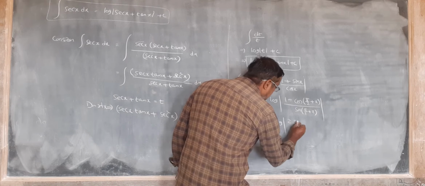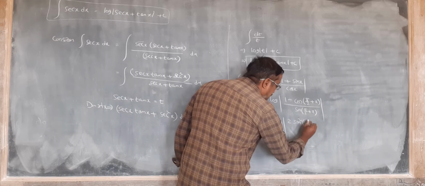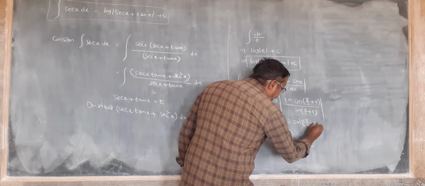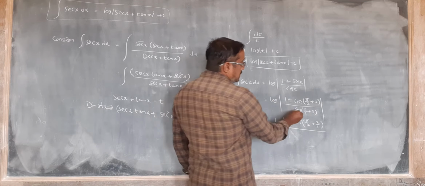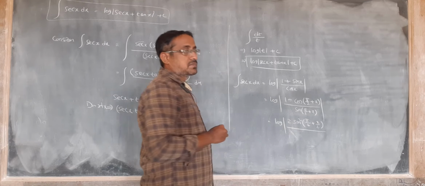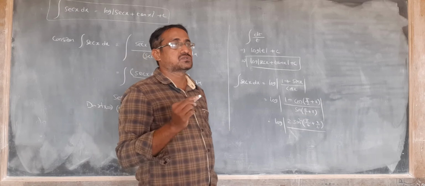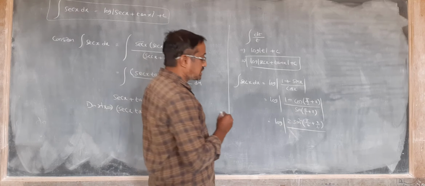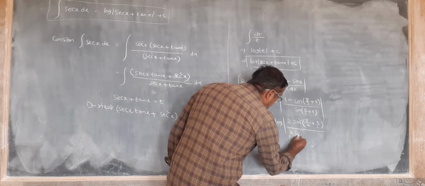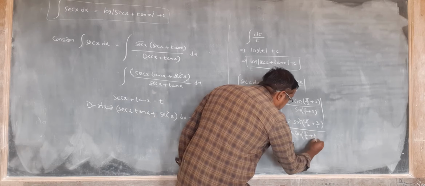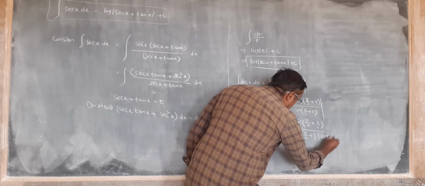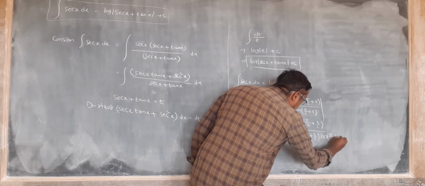So 2 sin square theta by 2, that is pi by 4 plus x by 2, by sin theta. Submultiple angle sin theta is 2 sin theta by 2 cos theta by 2. So 2 sin theta by 2 is pi by 4 plus x by 2 into cos pi by 4 plus x by 2.